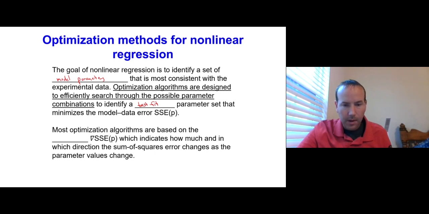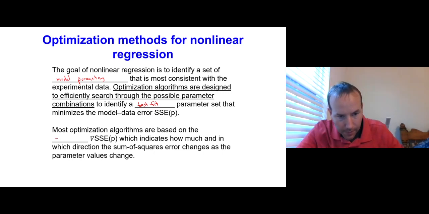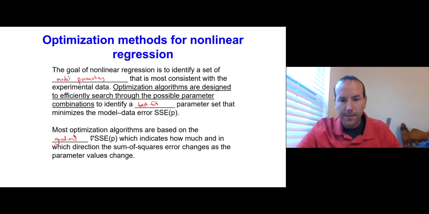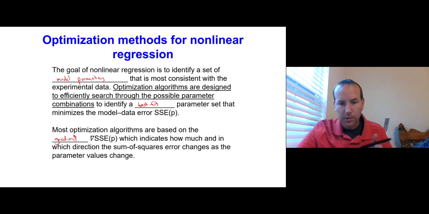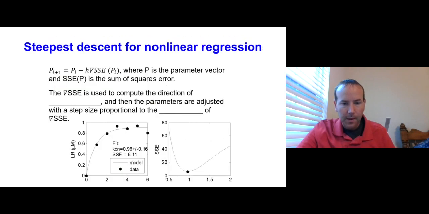Most optimization algorithms are based on using the gradient of the sum of squared errors, because that shows the direction in which you can change the error depending on how you change the parameter values. The first of these is called steepest descent for nonlinear regression, and this is really just the same thing as steepest ascent optimization.